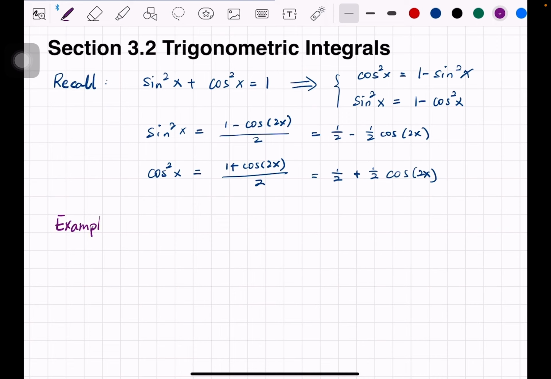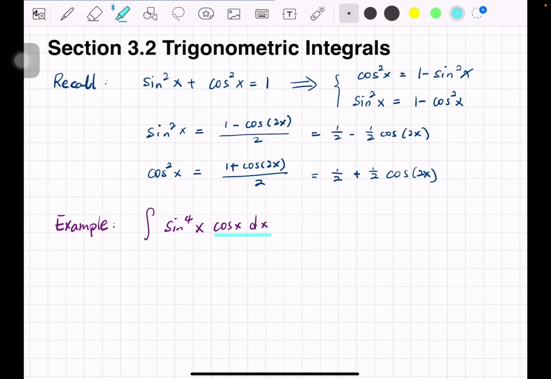Now let's look at some examples. We have the integral of sine to the fourth power of x times cosine of x dx. This is different from the traditional antiderivative of sine or cosine, so we will use u substitution.